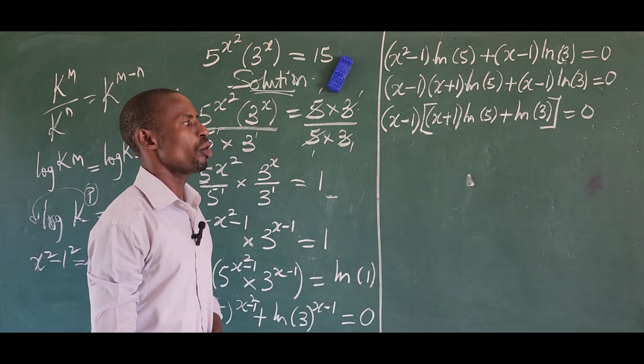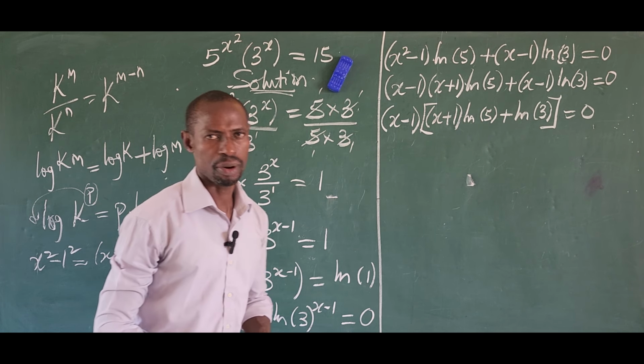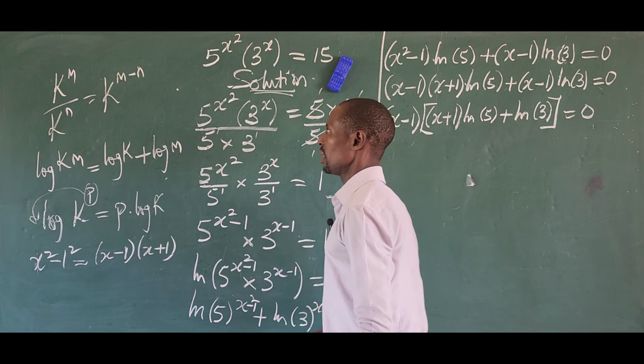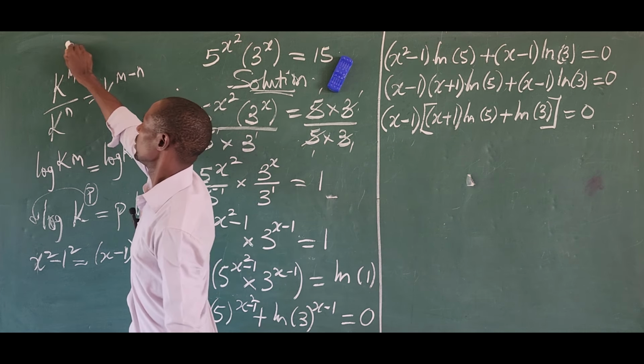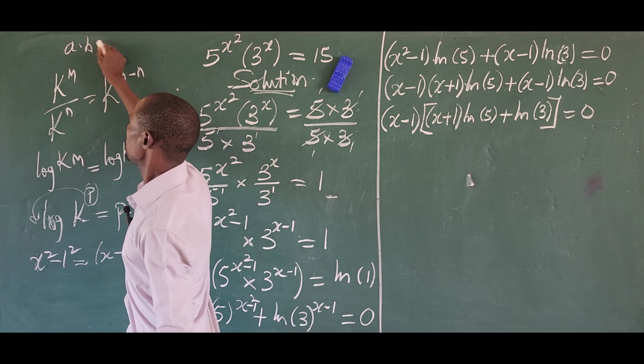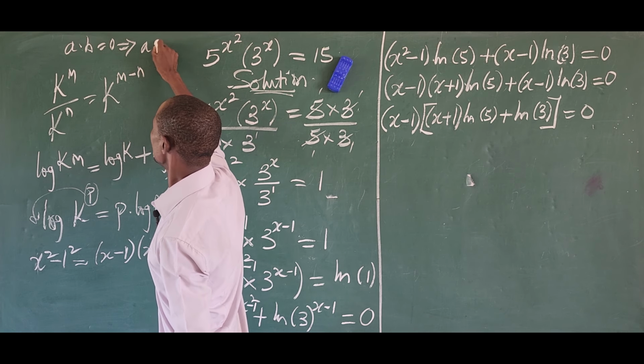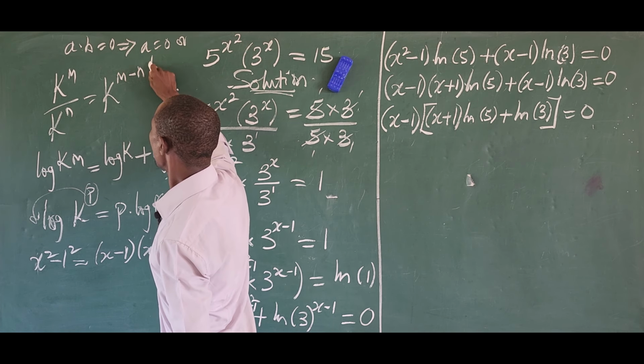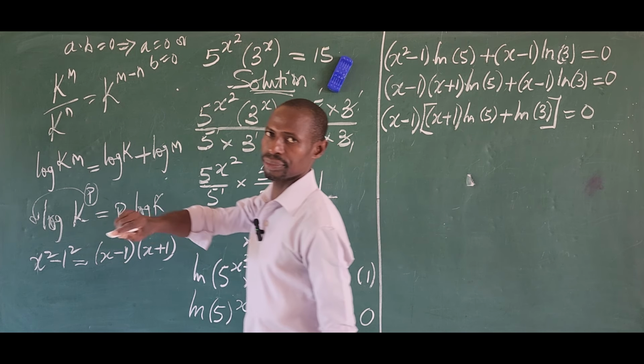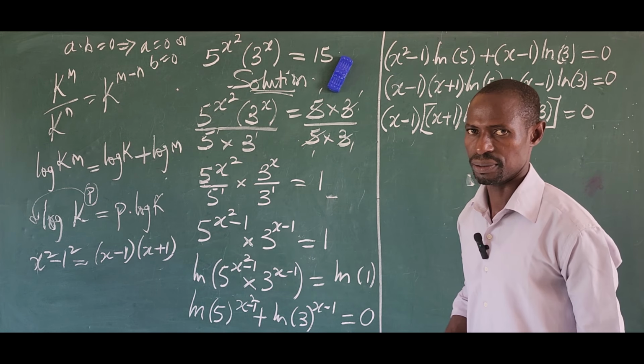Easy now. We apply what we call the zero property, which says that if you have a times b equals 0, it means that either a is equal to 0 or b is equal to 0. One of them must be equal to 0, right?